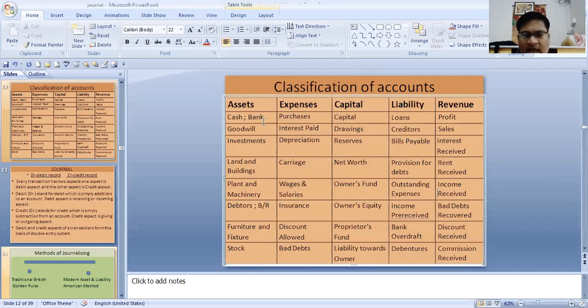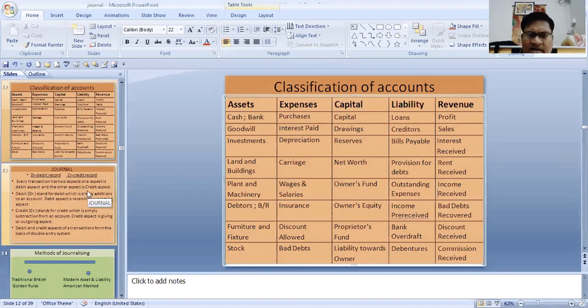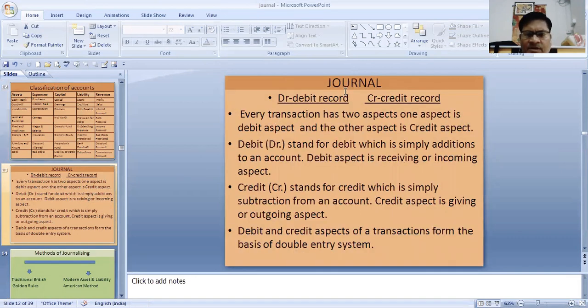Next is assets and expenses have debit balance. Let's see what are the methods of this debit balance and credit balance. What is this debit and credit? Let's understand that. See, debit, short form is DR, which means debit record, and short form of credit is CR, that is credit record. You know, every transaction has two aspects.